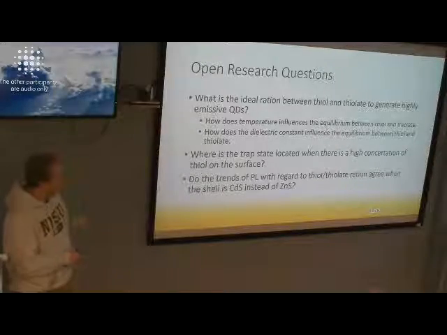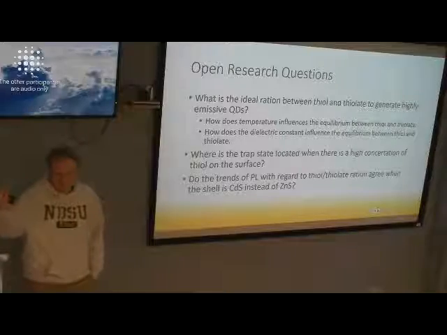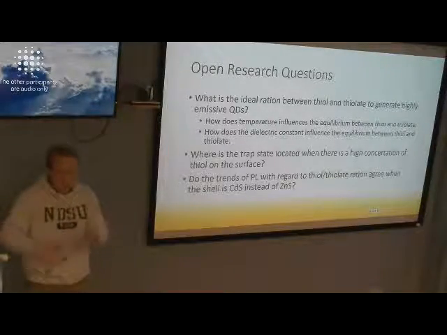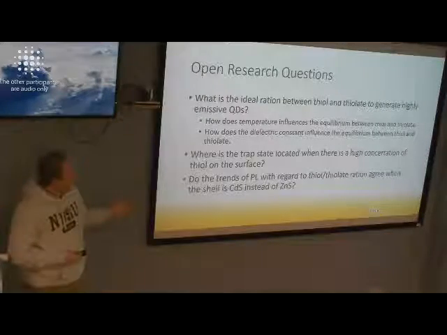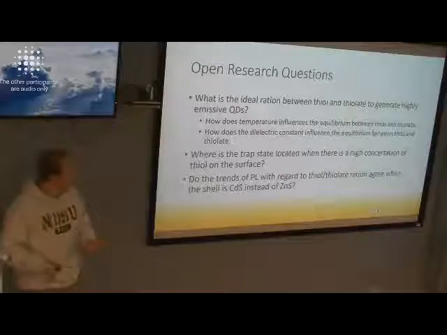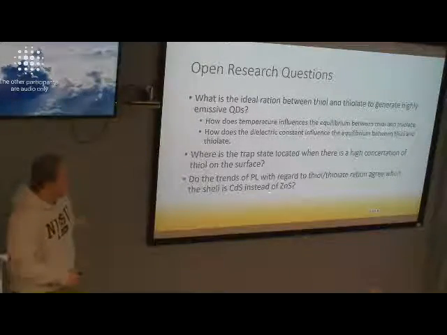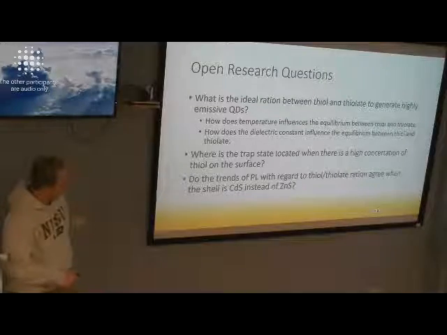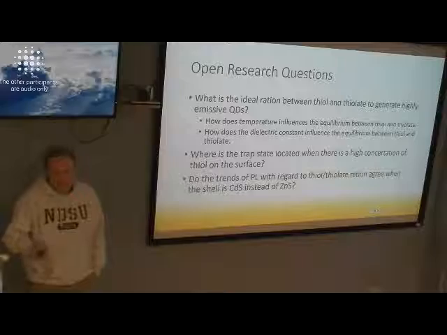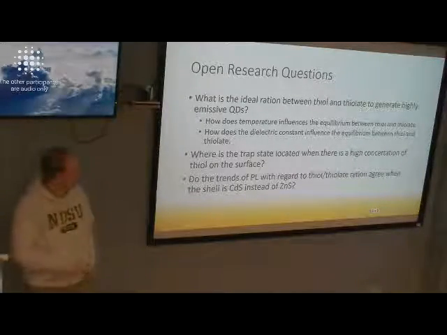Where are these trap states localized? Are they on the ligands, or are they on the surface? This could help tell us what is going wrong and how to fix it. And then, as I have shown, most of this research has been on the core shell, cadmium selenide, cadmium sulfide, zinc sulfide.